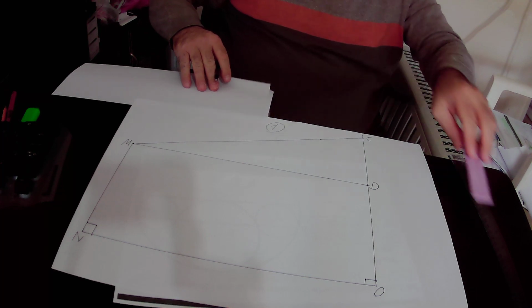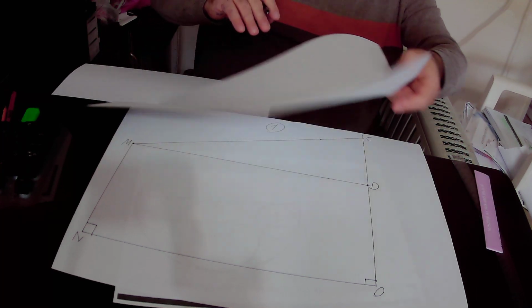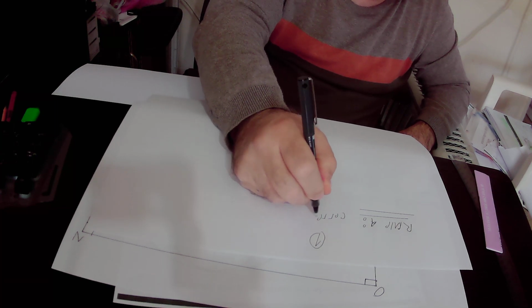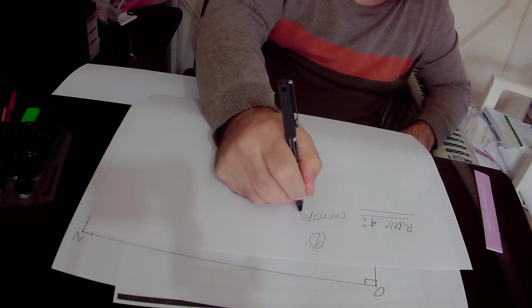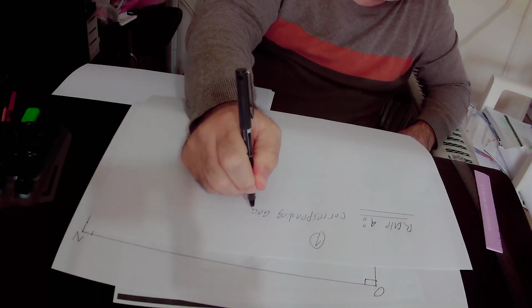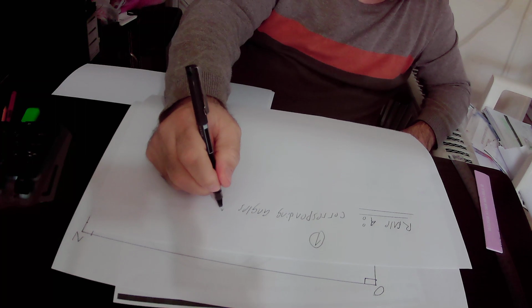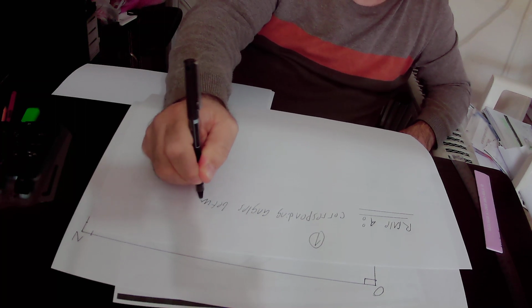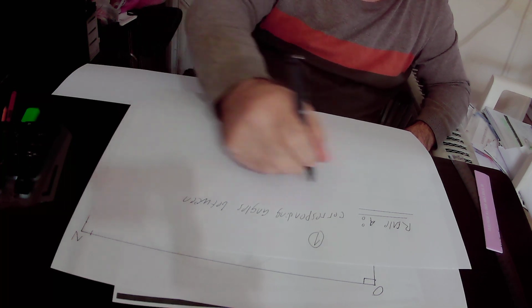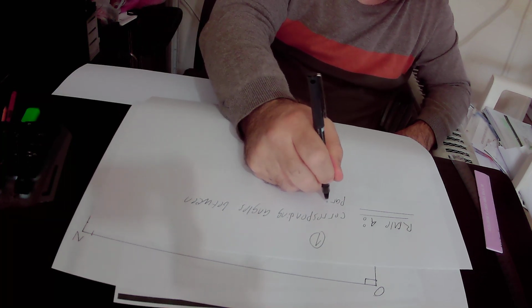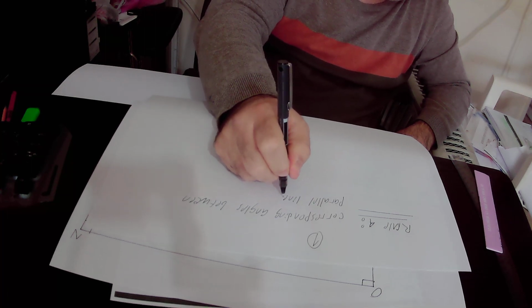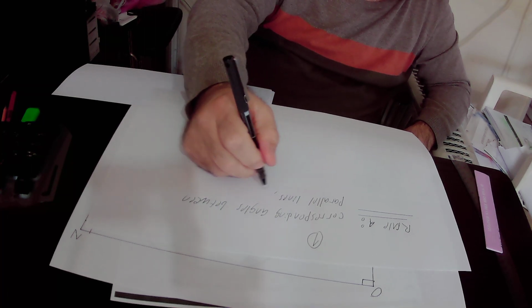So I will write it down. Corresponding angles between parallel lines are equal to each other.